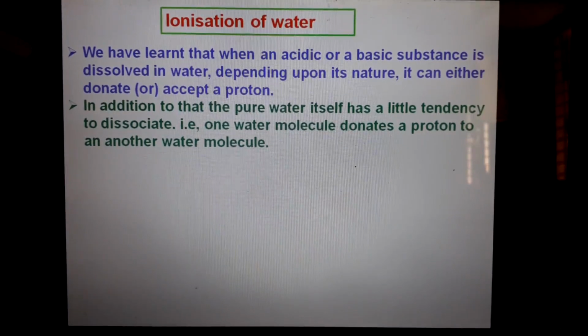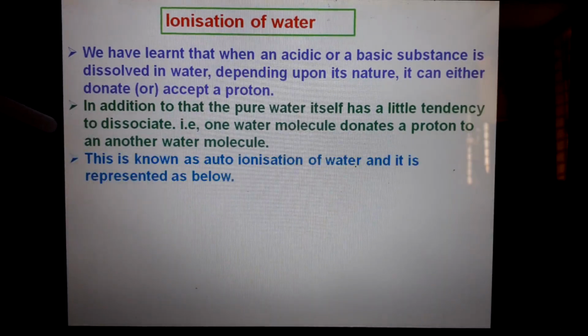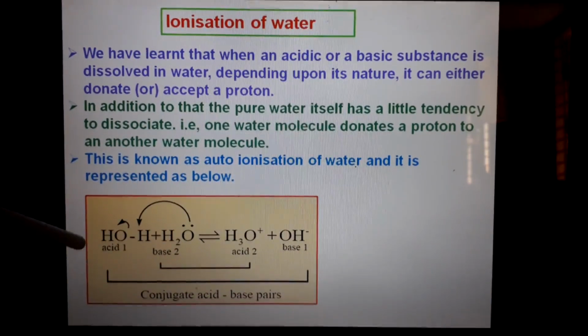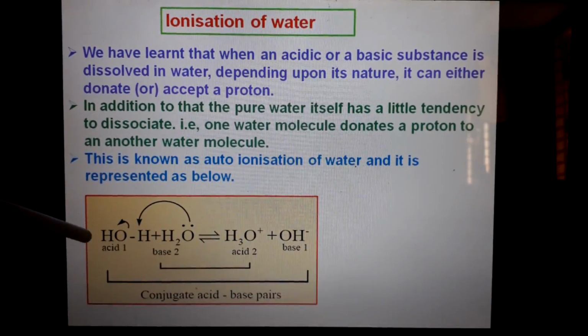In addition, pure water itself has a little tendency to dissociate, that is, one water molecule donates a proton to another water molecule. Pure water, that is H2O, also has a tendency to dissociate. From this equation, we write two H2O molecules.